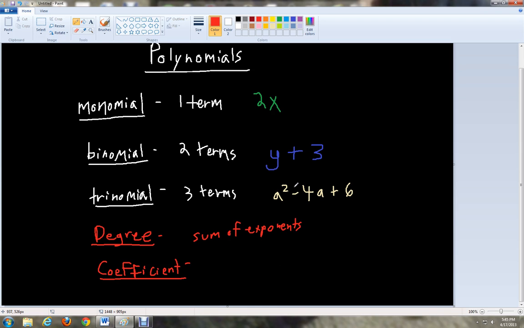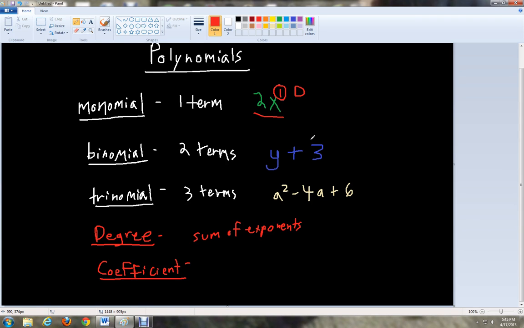For example, if we look at the 2x term, this monomial, just one term, we look at the sum of the exponents. x is just x to the first power, so that's the only exponent we see. And so our degree for the term 2x would be 1. I'll write d next to it for degree 1.